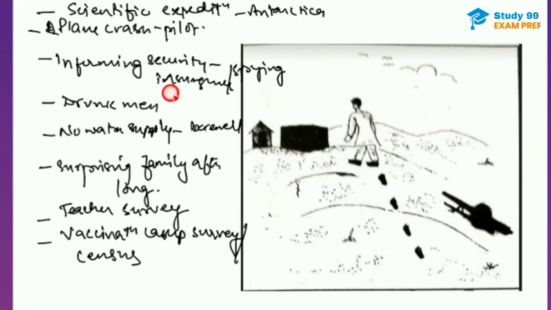Okay, let's go. Now, first of all, I'll tell you a few ideas over which these stories should not be made. First idea is this: plane crash pilot. Now, when you are writing a story, you are taking the pilot of a plane as the central character, and you are mentioning that his plane has crashed.